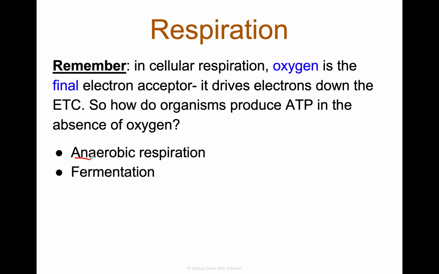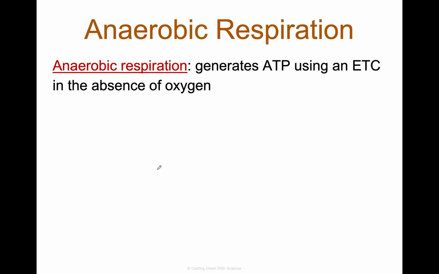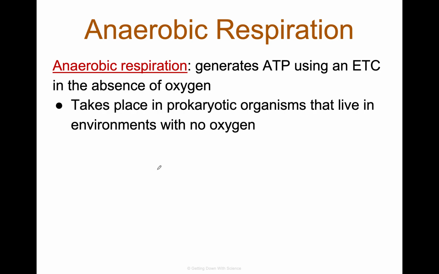A in front of anything or AN in front of anything means not. Aerobic, think about aerobics, like going to do aerobics as a workout, needs oxygen. And then fermentation. So anaerobic respiration generates ATP using the electron transport chain with no oxygen. Pretty cool stuff.